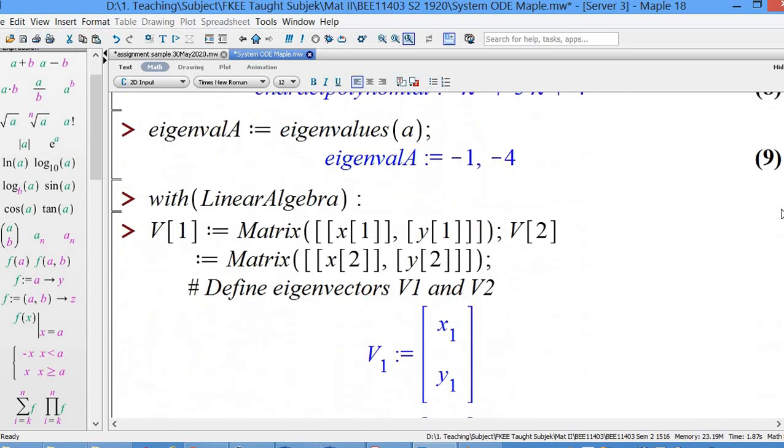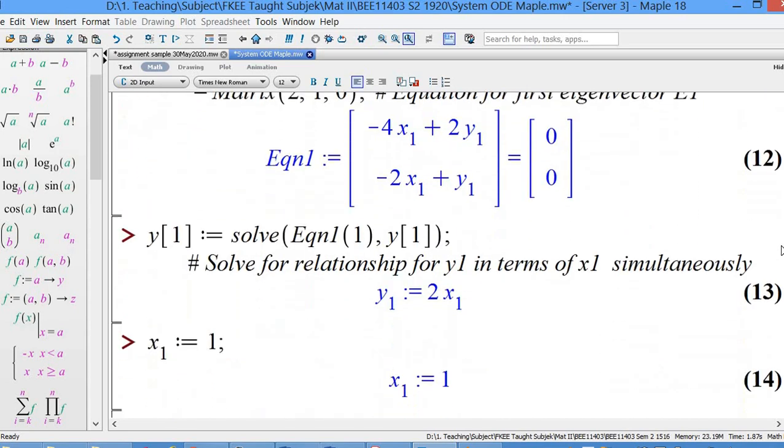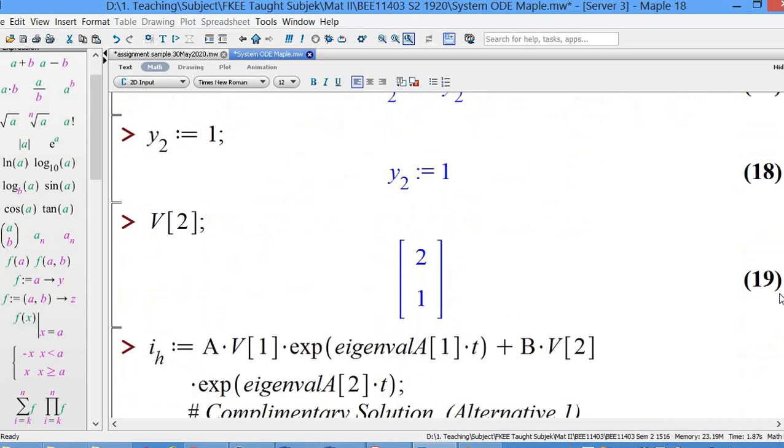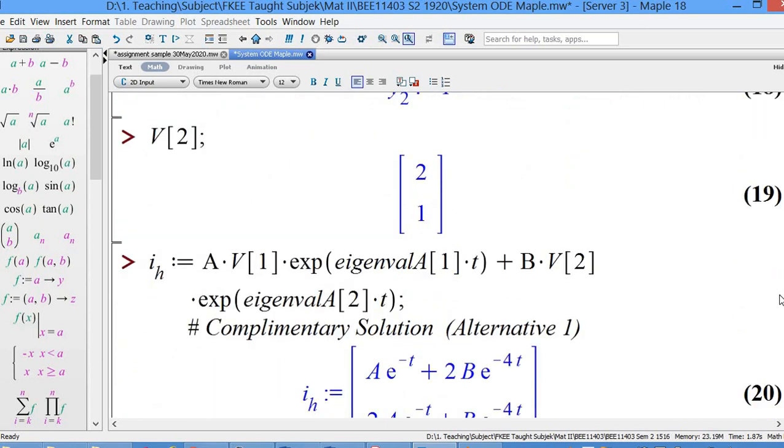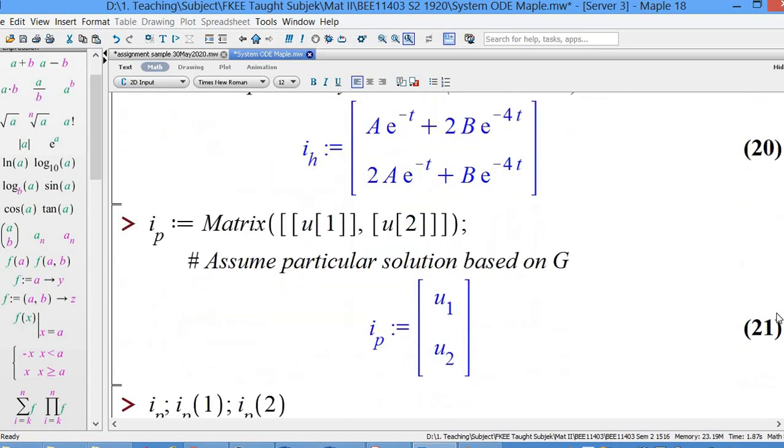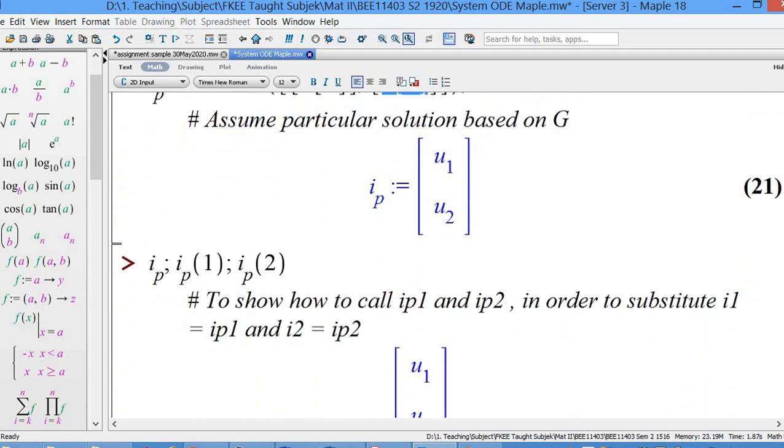Hence we assume the IP is also a constant vector, and call it U1 and U2, the matrix bracket U1, U2. Then we show back the IP.